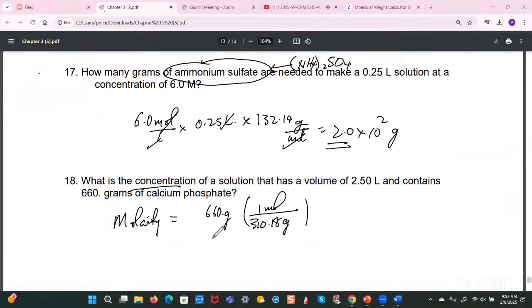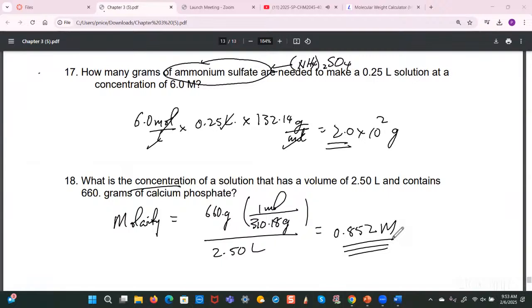And they gave us the volume exactly in liters. They gave us 2.50 liters. That's it. So 660 divided by 310 divided by 2.5. And according to my calculations, when rounded off to 3 sig figs, the answer I got is 0.852 M. And that's how that is done. All right? Okay, so that's the last question.